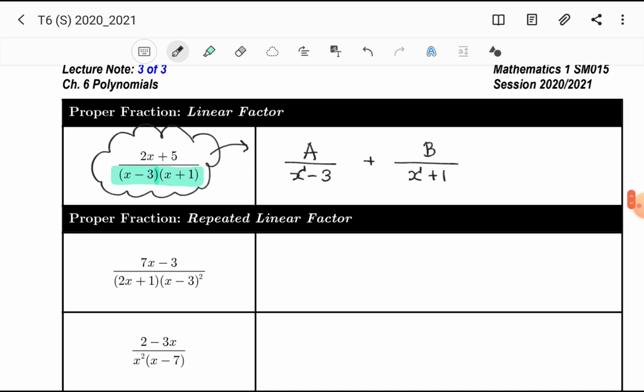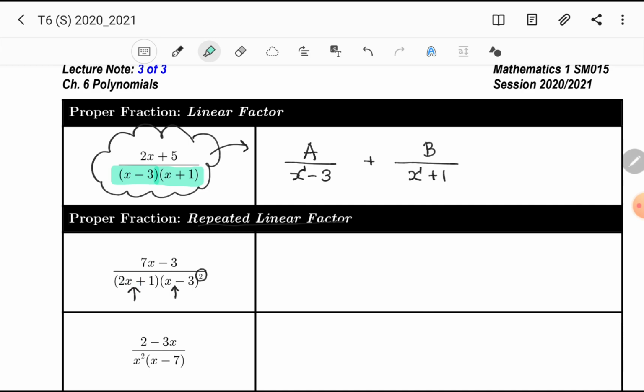Okay, so next, under repeated linear factor. Apa maksud repeated? Awak tengok kat sini. 2x plus 1. And then, x minus 3 kat dalam dia linear but square. So, dia ada repeated linear factors. So, ada berapa ni? Ada berapa faktor dan kita nak decompose kepada berapa fraction.